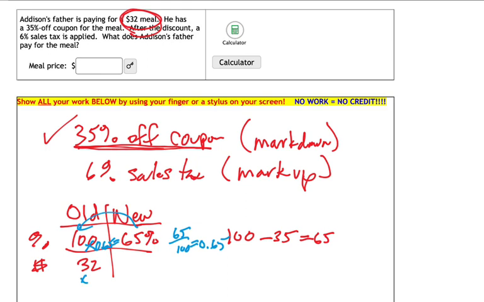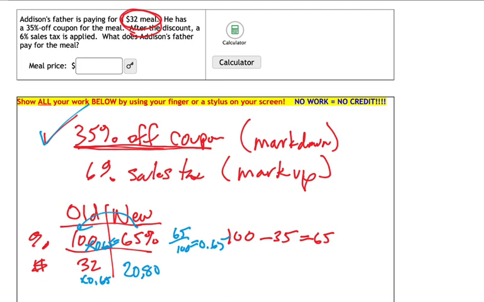And so 32 times 0.65 will give us what the amount is after the 35% off. So 32 times 0.65 is $20.80. So that is what it is after the 35% off coupon.